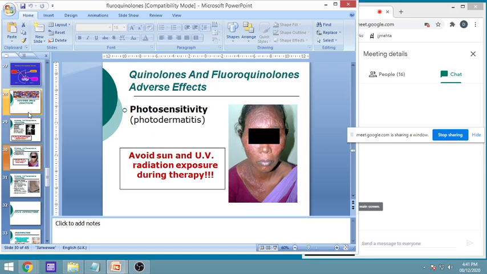When patients are treated with this drug, it reaches the skin through the systemic circulation, and when light falls on it, it causes metabolite formation, which can be dangerous. So this is called photosensitivity.